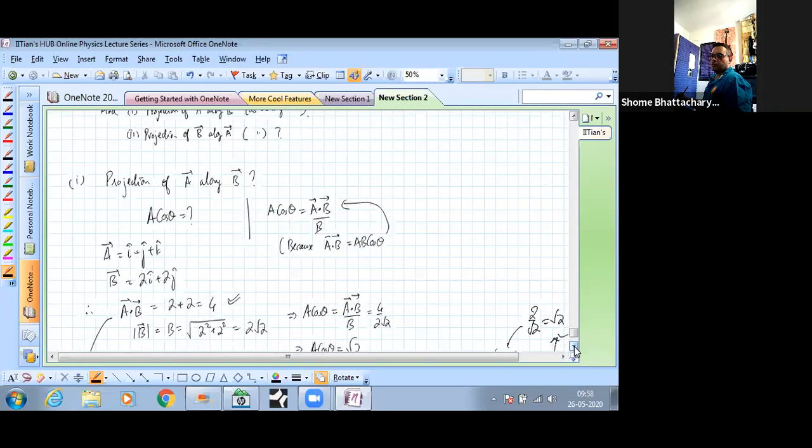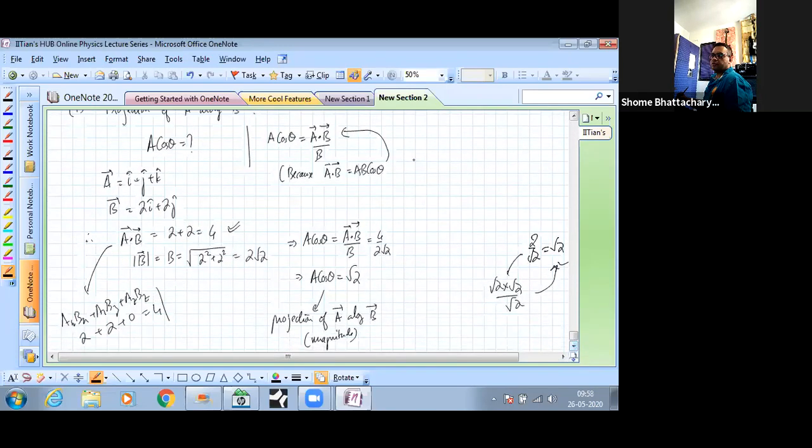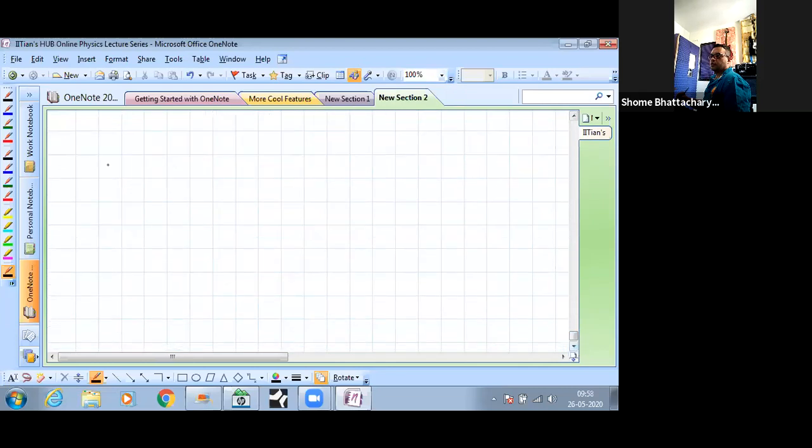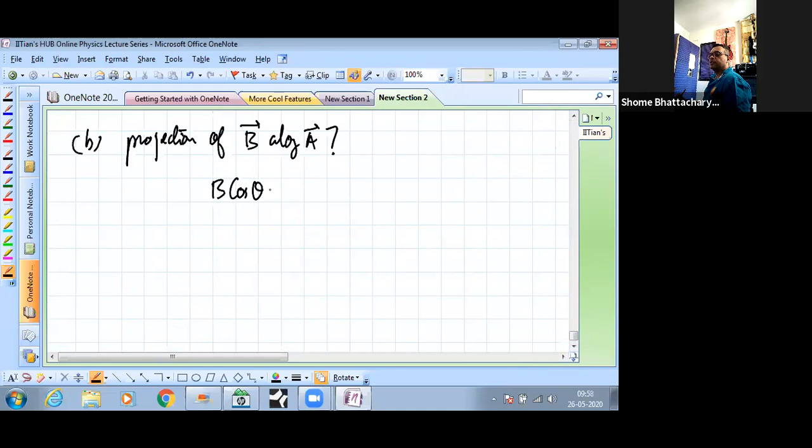Okay, now let's quickly look at the other part. So we have to now find B cos theta, the second part. So that is A dot B divided by mod A this time. We'd seen that A dot B was 4.